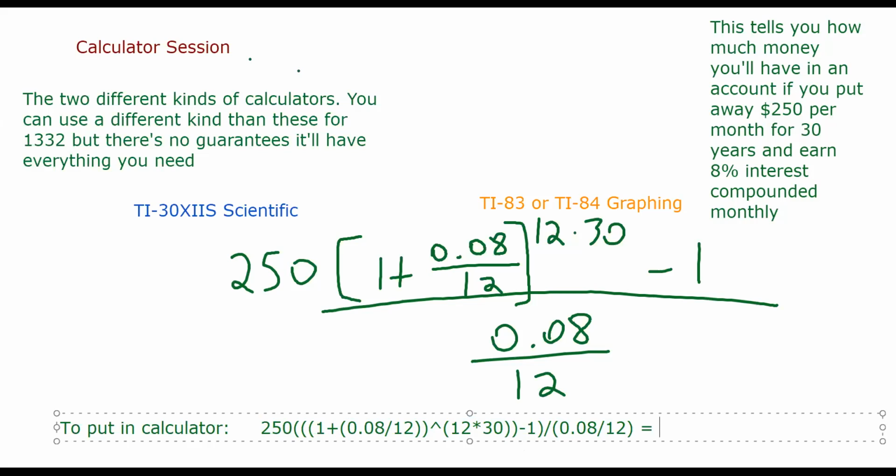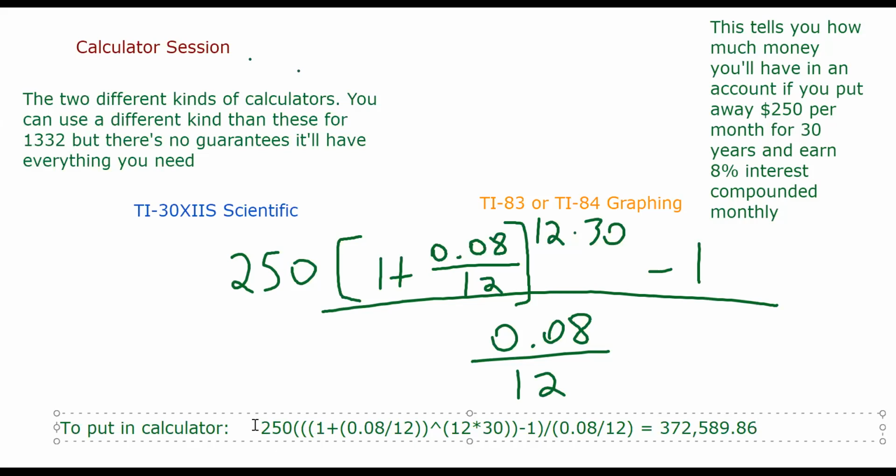Let me try it out in my calculator. You should be getting 372,589.86. Is that what everyone's getting?